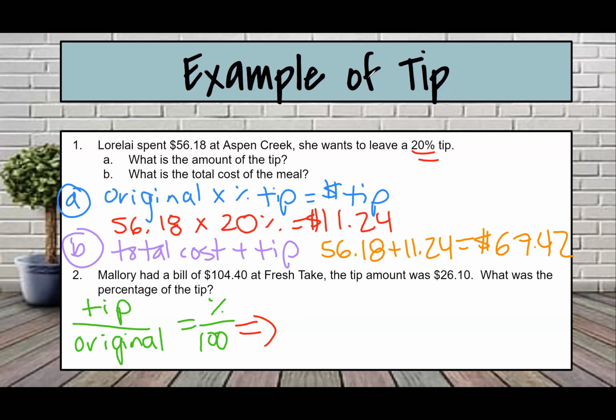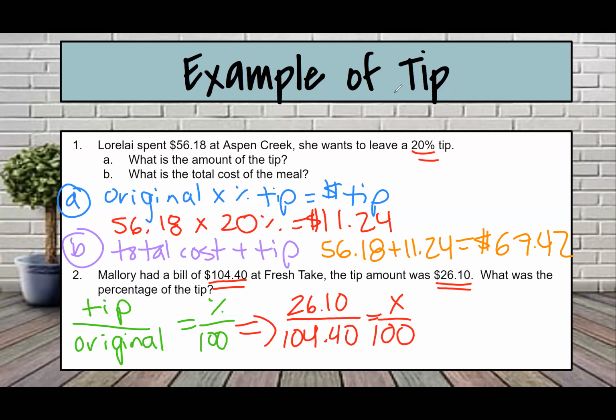For your tip, we already know the tip amount was $26.10. So $26.10 over our original, which is right here, $104.40. And then we are trying to find the percent, so that would be our X, over 100.